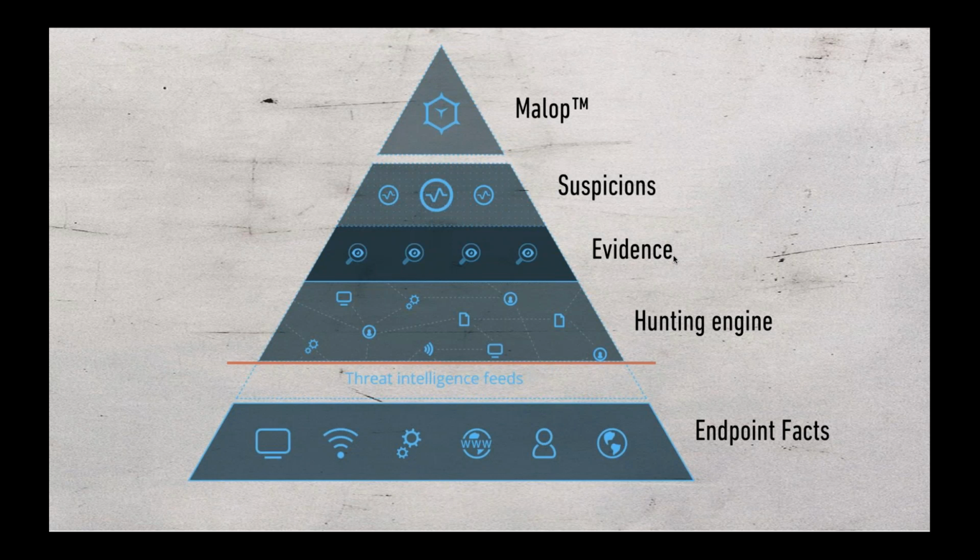So we see this as a data problem. If we can gather enough information from, at this moment, the endpoint, but we very much have a roadmap to start gathering information from other types of data in the organization and Internet of Things ultimately as well. At the bottom of this pyramid, which is what we call the MALOP pyramid, the high fidelity alert, we're in effect gathering telemetry information from the endpoint.